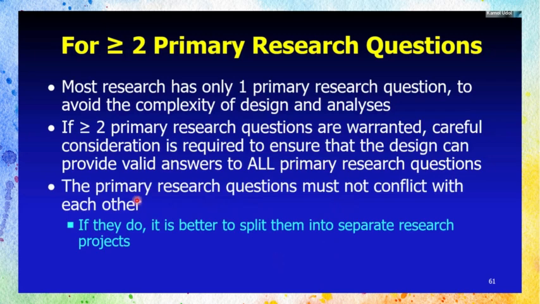And conflict here, for example, if you have two primary research questions and each of them requires a different research design, they conflict with each other, then it will be better to split them into two research projects, and each one will have just one primary research question.